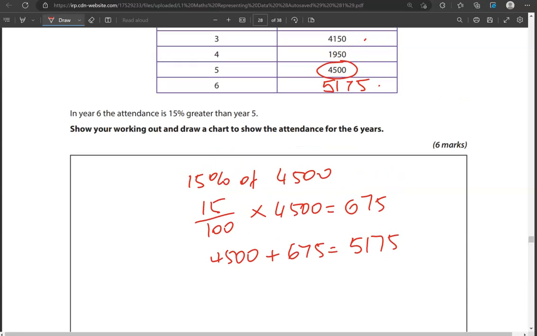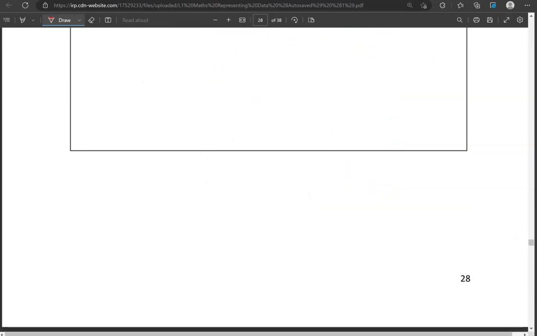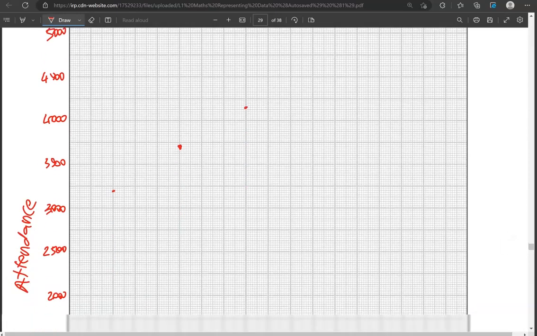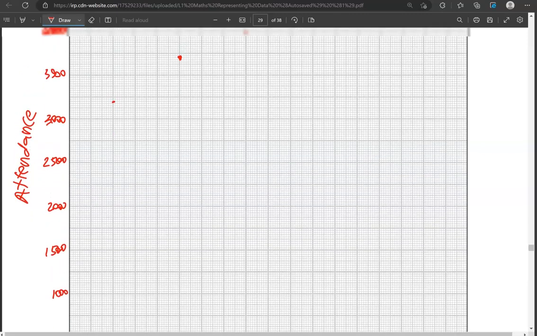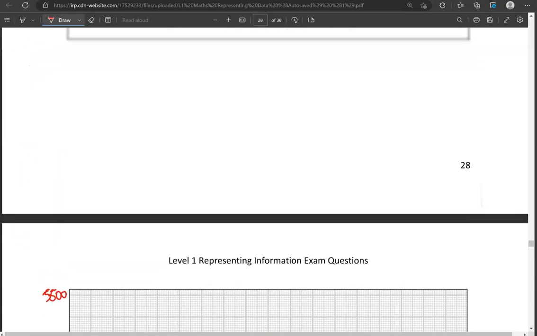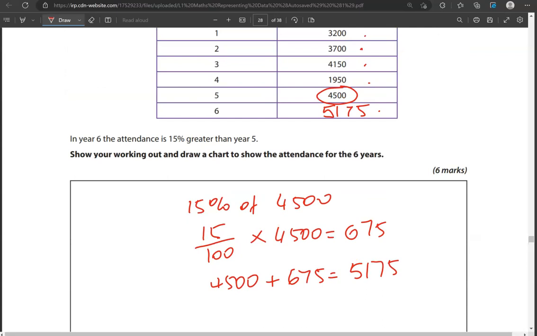Year 4, 1,950, so 50 less than 2,000. So 2 little squares below 2,000. Year 5 has 4,500.